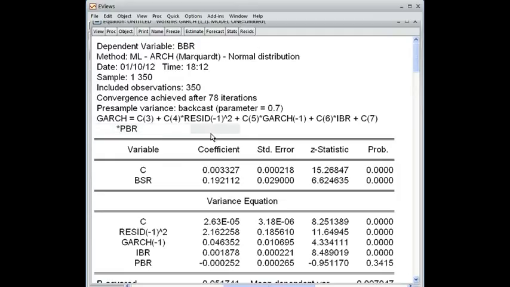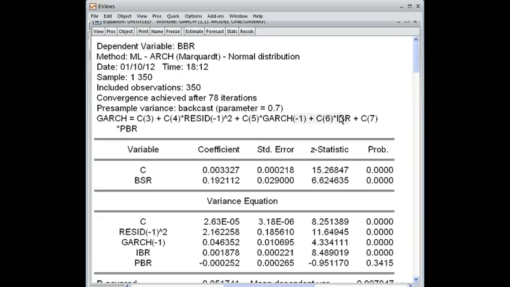Okay, and here what is happening: ARCH and GARCH are both internal shocks of the volatility of the dependent variable, or we can call ARCH and GARCH a within-family shock that is influencing BBR.